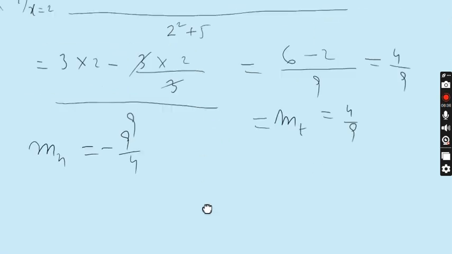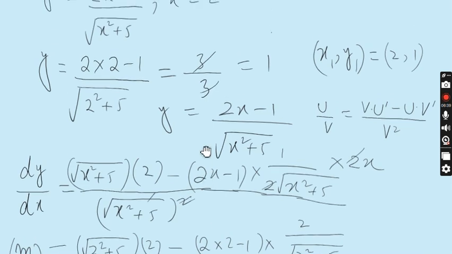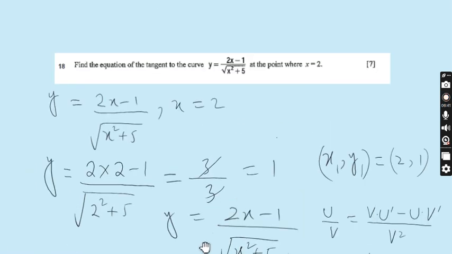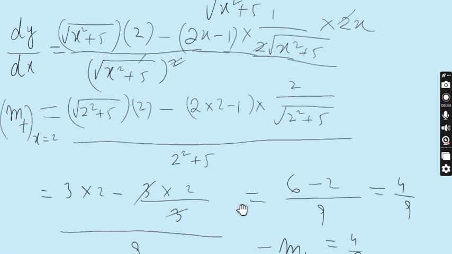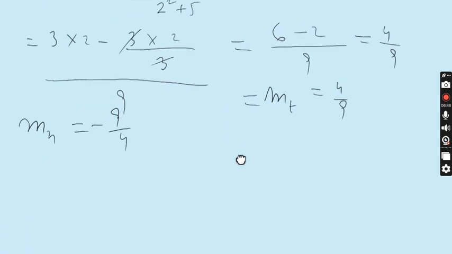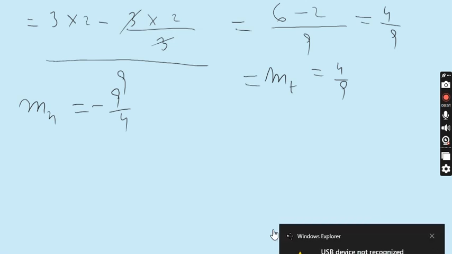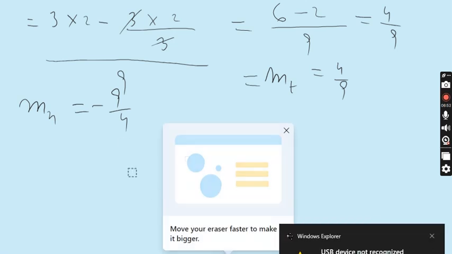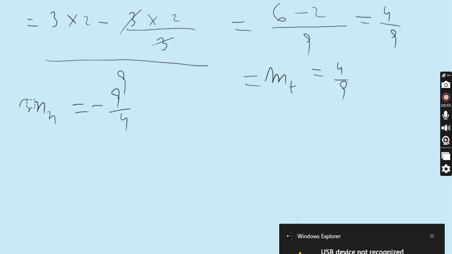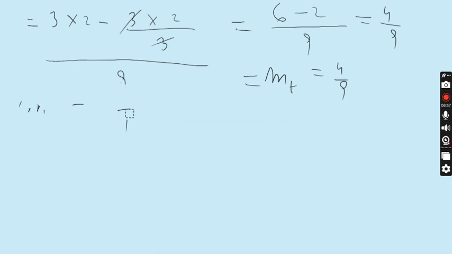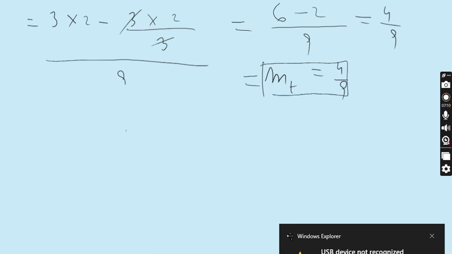What was the question? Equation of tangent or equation of normal? I forgot. No, we have to find the equation of tangent. So in order to find the equation of tangent, we just take the value of the tangent gradient. So mt is 4 upon 9.